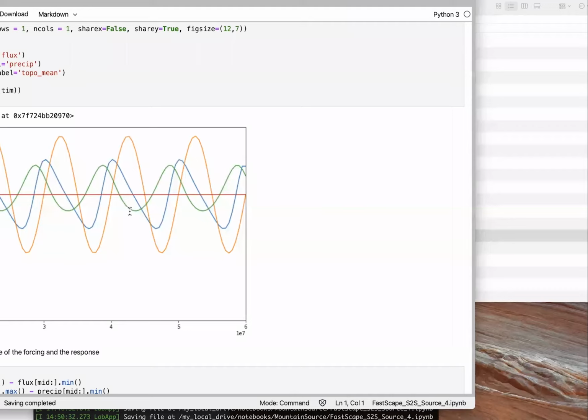So while the topography is decreasing, the flux out of the mountain will increase. And you see that while I'm decreasing the topography, the green curve here, I have a positive sediment flux anomaly. But as soon as the topography stops and increases here, the sediment flux becomes negative.